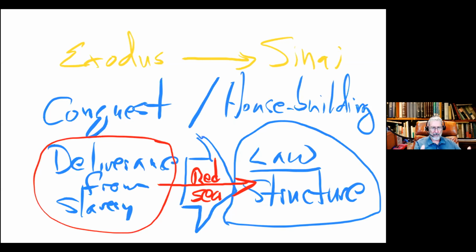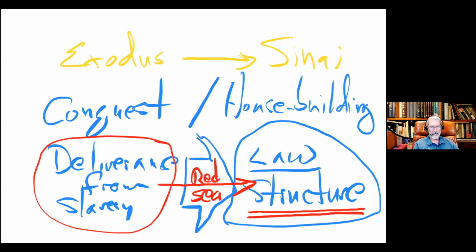And so we've got a people of God who've been delivered from slavery and are now identified with Moses as a single people of God. And the outcome of that is that God says, I'm going to give you a structure now for living the life that I have called you to live.